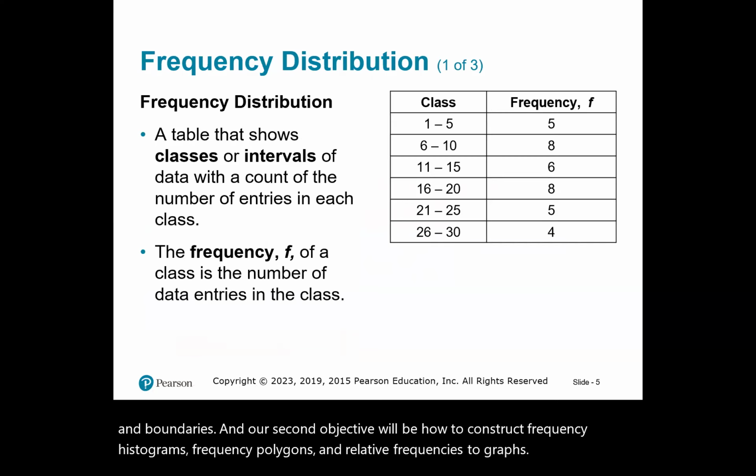Here's what a frequency distribution looks like, and we're going to learn how to create it. A frequency distribution, as you can see from the slide, is a table that shows classes or intervals of data with a count of the number of entries in each class.